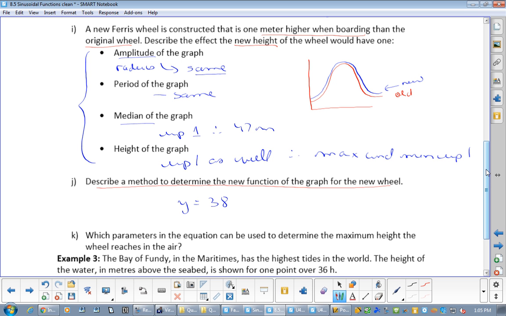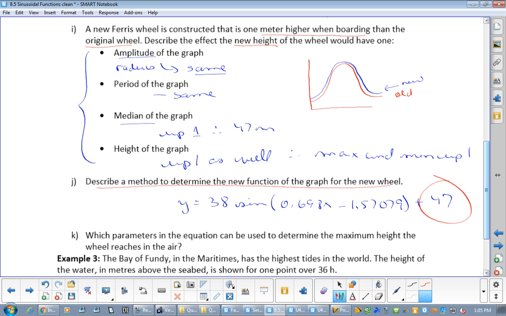So we said we're not changing this, so it would be 38 sine 0.698x minus 1.57079 plus 47. Okay, the only thing that will change in the equation will be the median.